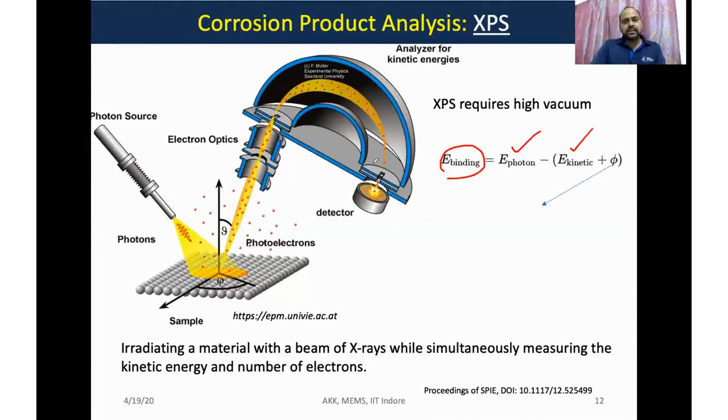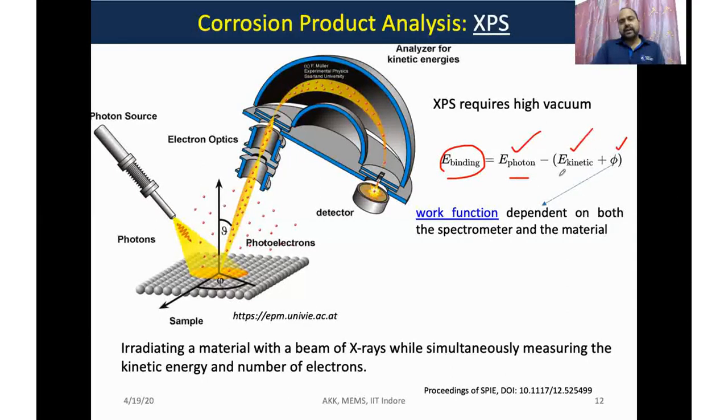Then phi is the work function, which depends on both the spectrometer and the material, so it is a kind of constant, a fixed value. If you know the photon energy and kinetic energy, the difference gives the binding energy of that particular electron in the shell. So that is very good information.